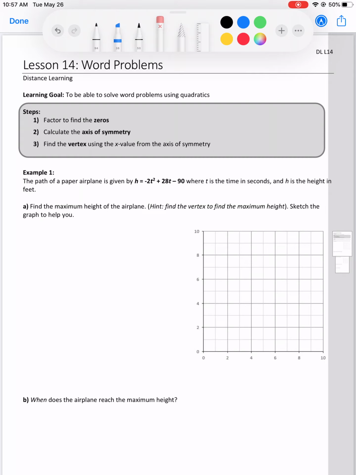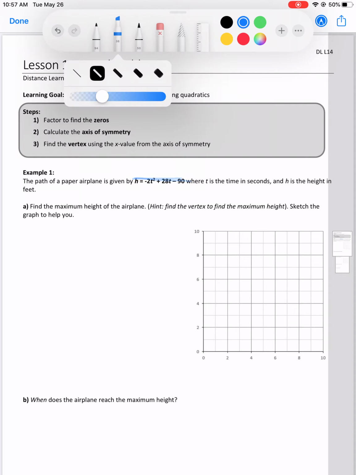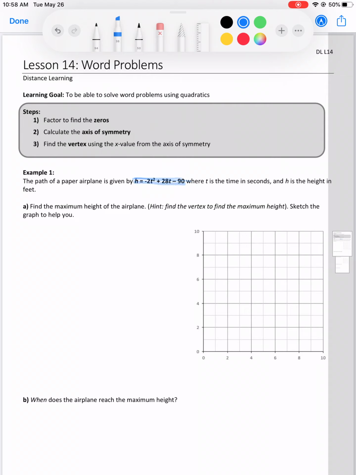Let's do this. Okay, your main equation, which is here. And then you need to do three main things with it. You need to factor it, you need to find the axis of symmetry, and then calculate the vertex.